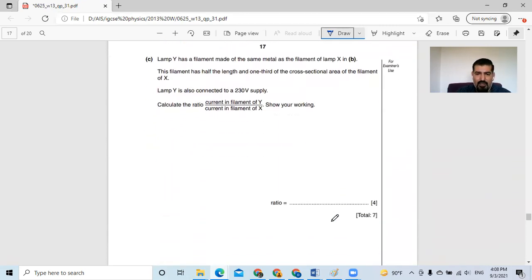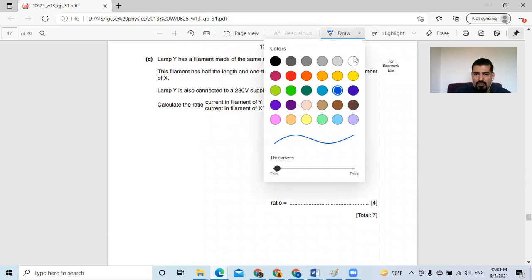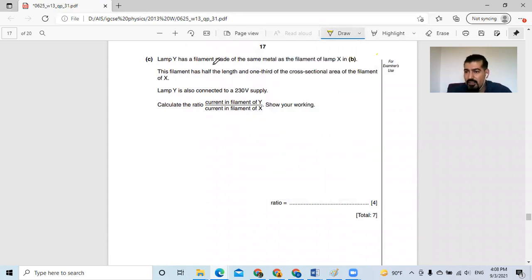Now that's for part B. For part C, again, they ask a question about what we are studying. Look here, focus.